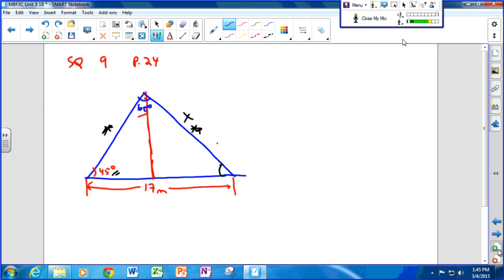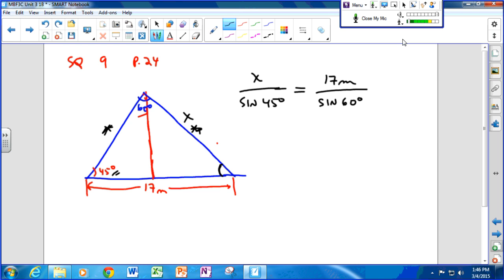So x over the sine of 45 degrees equals, and now we need another angle on the side, and look at this, we got 17 meters down below, and the sine of 60 degrees. So we didn't really need to make any assumptions. But if we did need to make assumptions, because we're given these measurements, we actually know them.